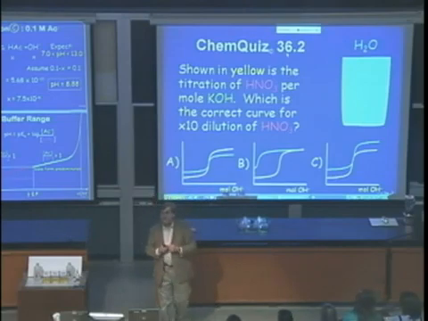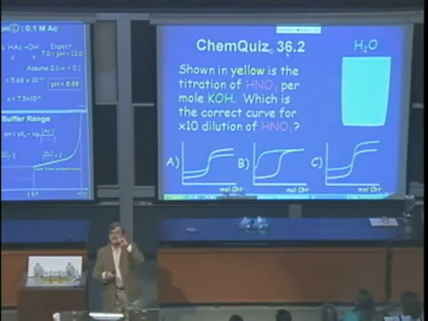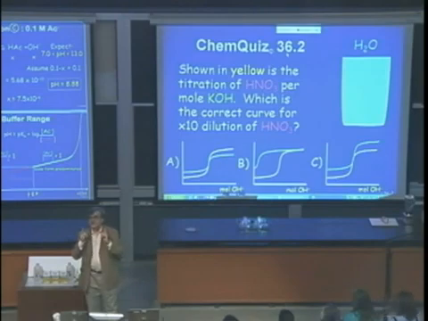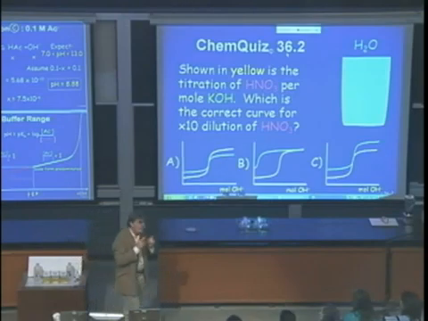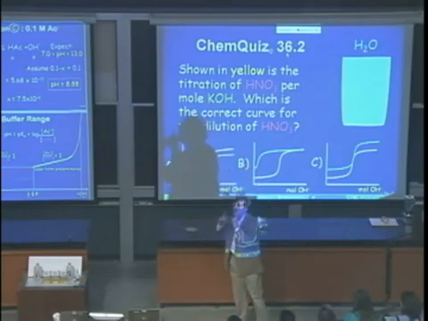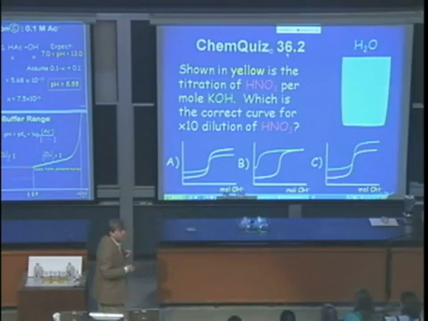Now, if you have a strong acid and you dilute it by a factor of 10, pH depends on the concentration of H3O+, so that concentration in mole per liter changes. Of course it changes. So what does this do to your initial pH? It has to go up or down.